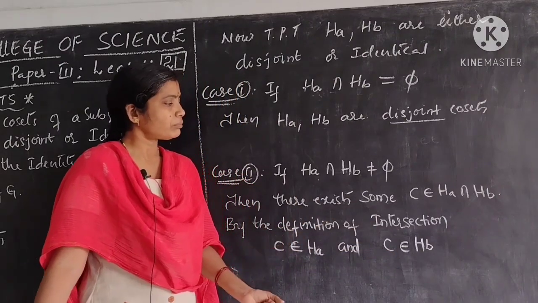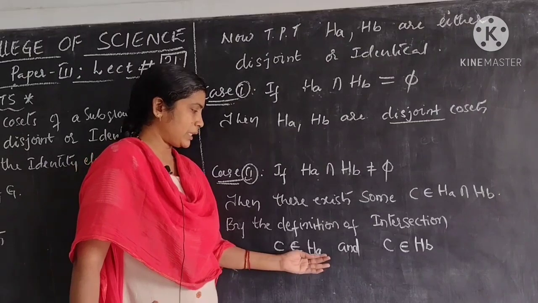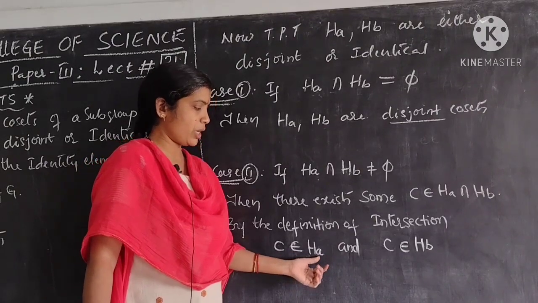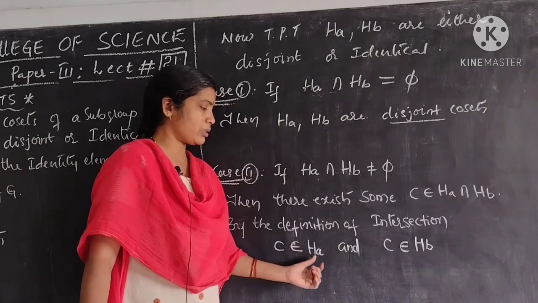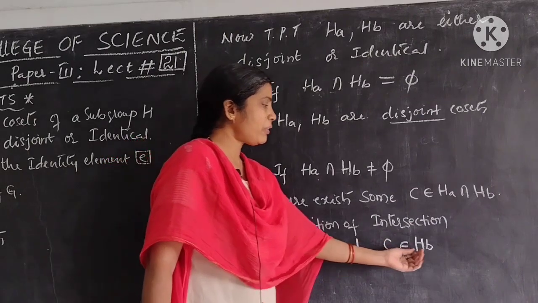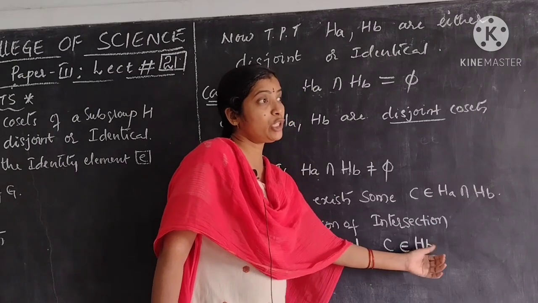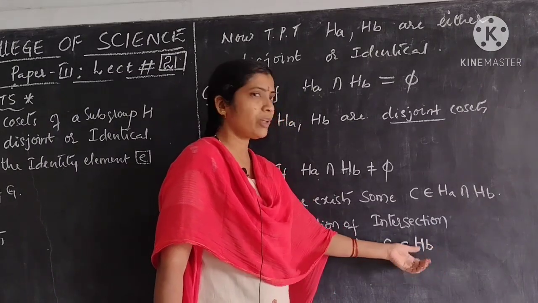The form of elements of the coset generated by A is some x into A. So, C is of the form x into A. The form of elements of the coset generated by B is y into B. So, C is of the form y into B.